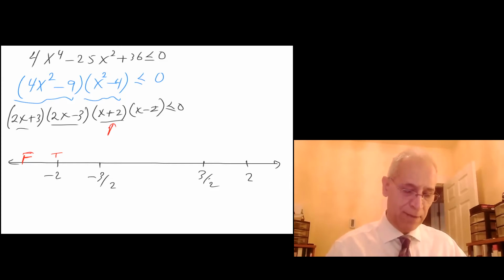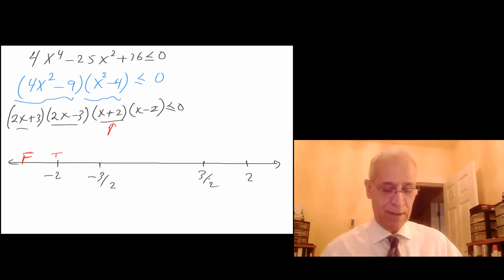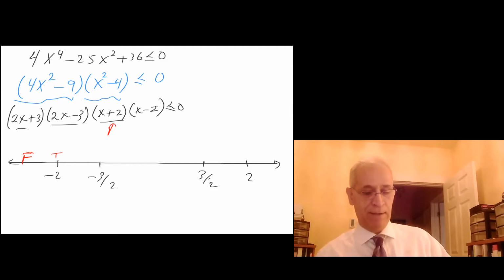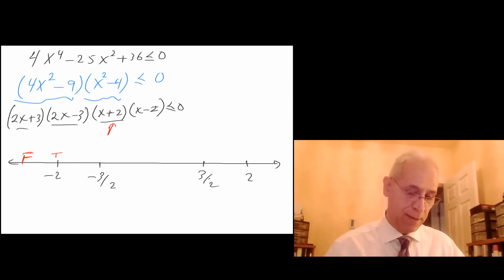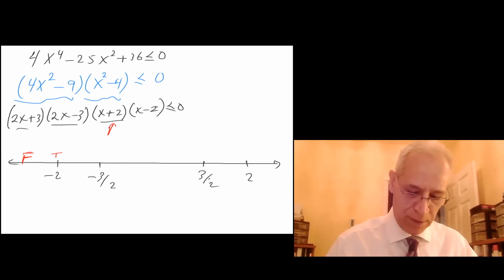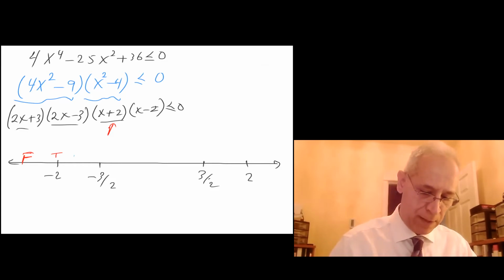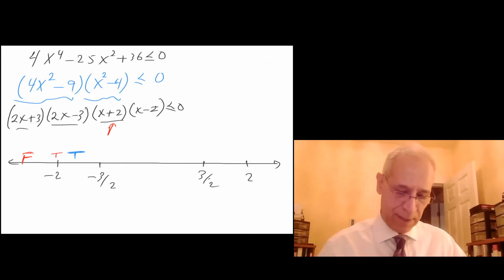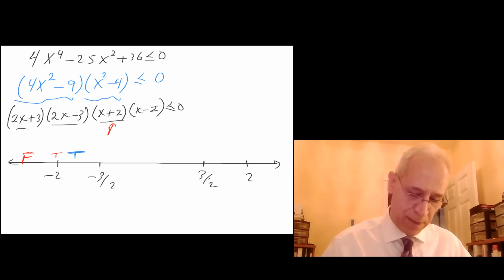Between −2 and −3/2, if I plug in a number, let's say −1.9, yes, it gives me a true statement, and you can use your calculator. I'm running out of time. −3/2 itself is giving me a true statement.